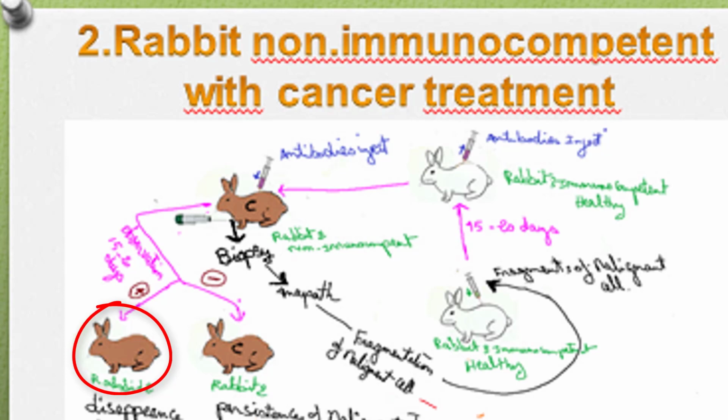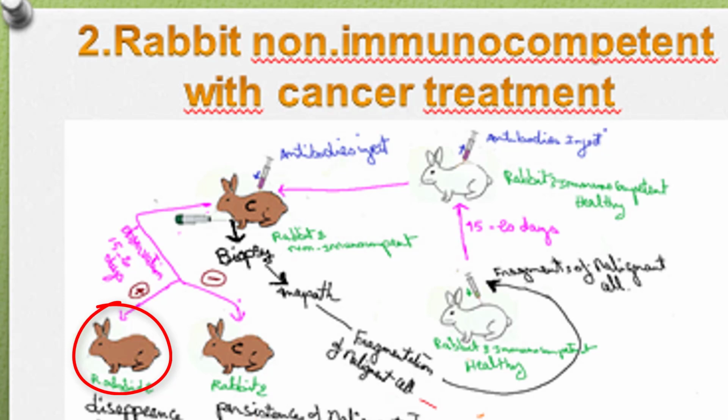Our conclusion is partial disappearance of the malignant tumor, so we continue treatment by antibody injection until total disappearance of the malignant tumor. Or if we don't find the malignant tumor, our conclusion is total disappearance of the malignant tumor. It's a good treatment by antibodies.